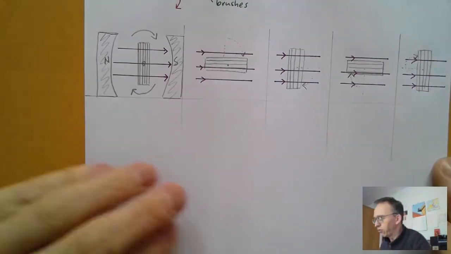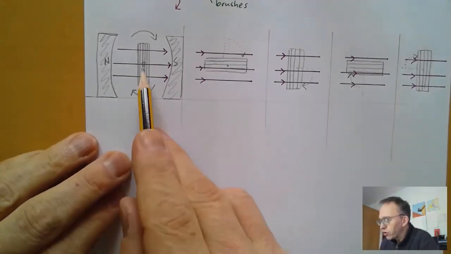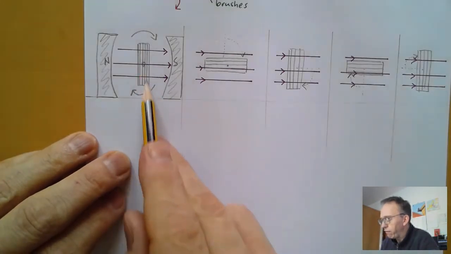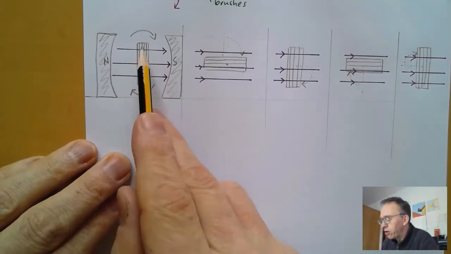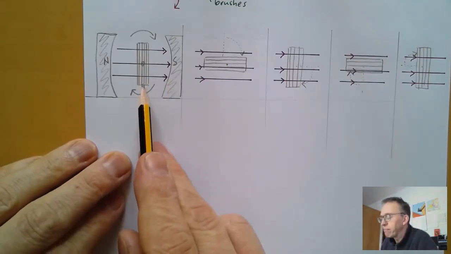Actually, we'll do the graph first. Okay, so when the coil is in the starting position here and vertical, the magnetic field is perpendicular to the coil. So there is maximum magnetic flux linkage.